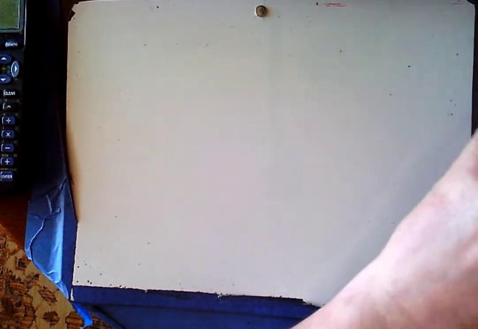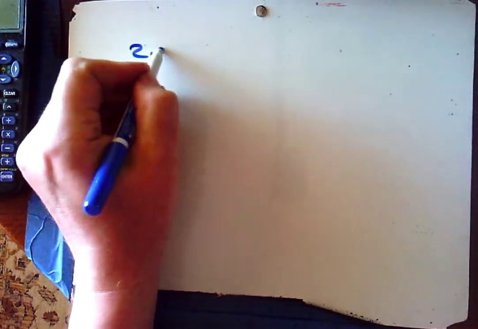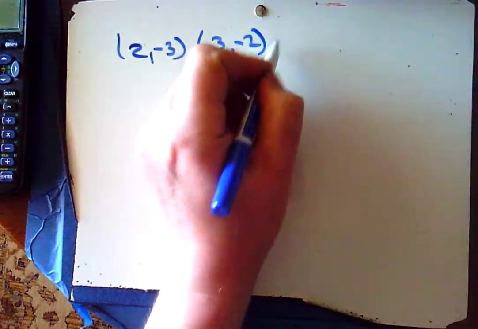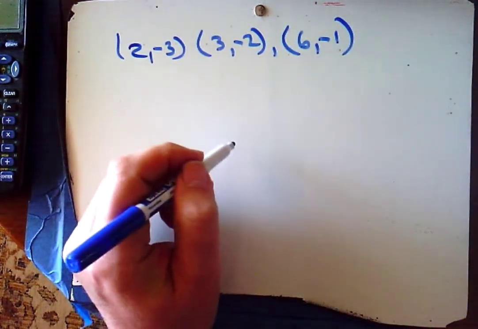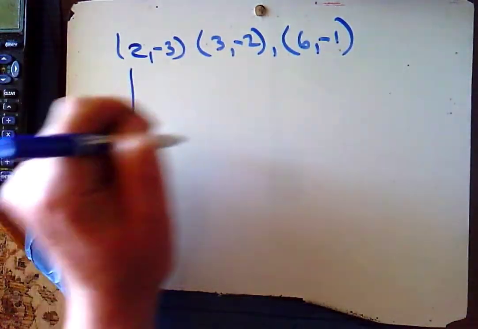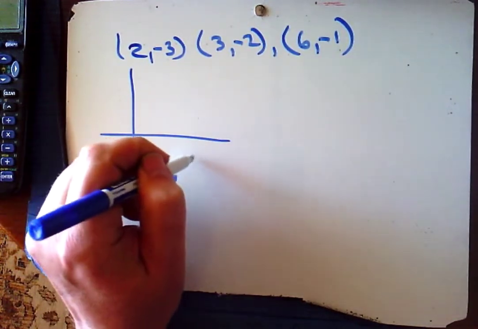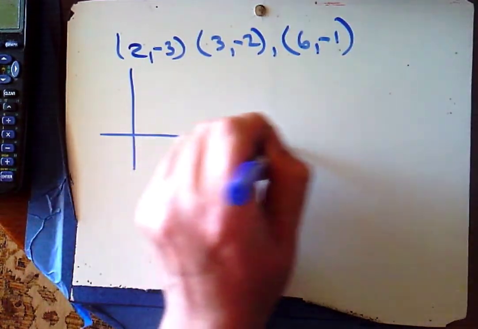Okay. How about 2, negative 3, 3, negative 2, 6, negative 1. So what's this look like? Well, on my graph, 2, negative 3, 3, negative 2, 6, negative 1.